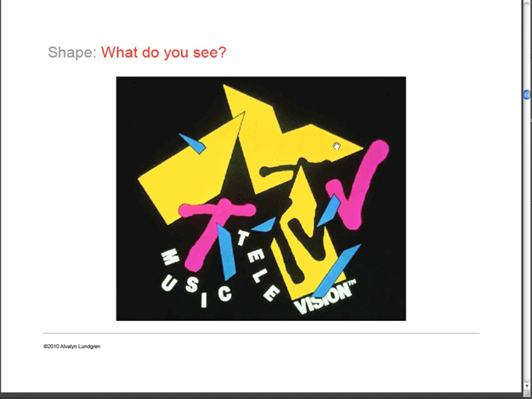We have, with the M breaking apart, a geometric concept going on here. There is geometry here because there's regularity in those angles. The smaller blue are more rectilinear than geometric because they're not mathematically precise in their angles, but they are straight edges, so they are rectilinear.